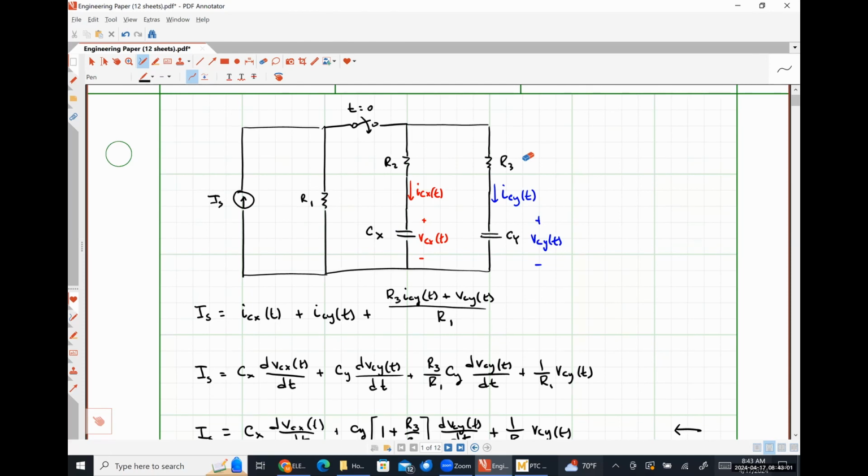And another thing that we could have done that might have made this one significantly easier is there was nothing stopping us from source transforming this guy, which would change the relationship slightly, but we wind up with literally the exact same second order differential equation.